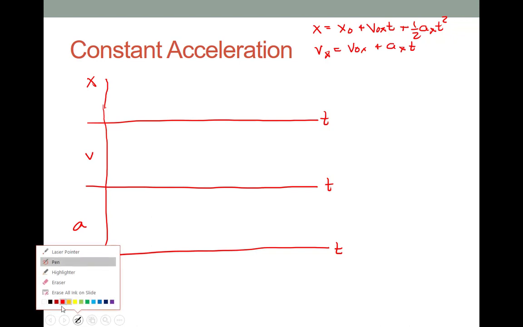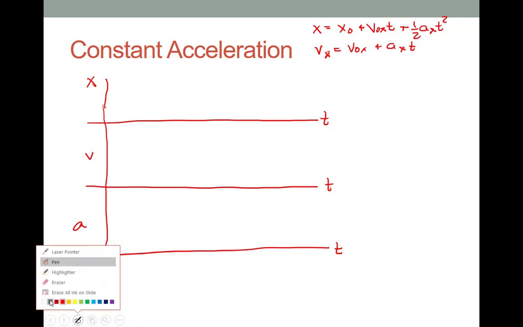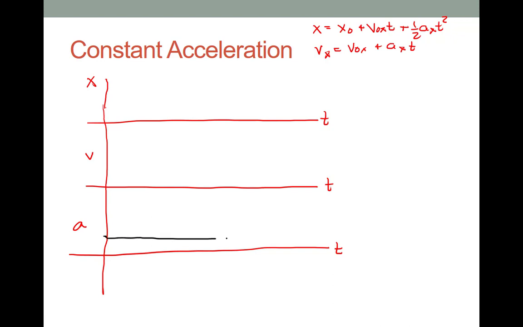And in this case, we have acceleration constant. Let's let that constant acceleration be a positive value. If we look at the middle equation, I'm sorry, I always refer to this as the middle one because I write them with the x equals x naught equation on the top, the vx equals v naught x equation in the middle, and the vx squared equals v naught x squared equation on the bottom.